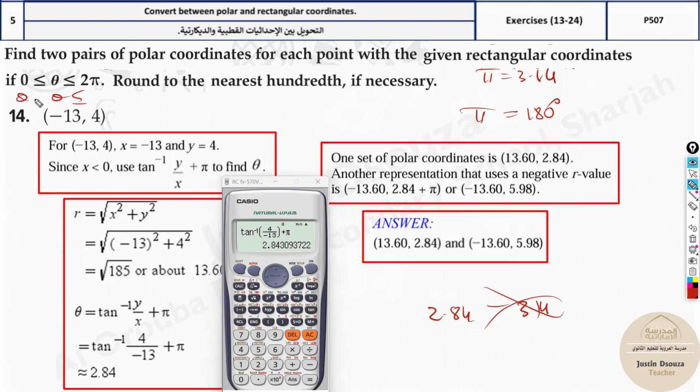Theta must be from 0 up to 2 pi, and 3.14 times 2 is 6.28. Until 6.28, it's fine. So subtracting pi from 2.84 is going to be negative. No, I can't do that. I will just add, and that's the other answer.